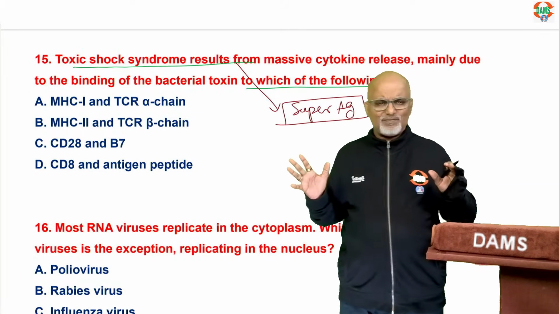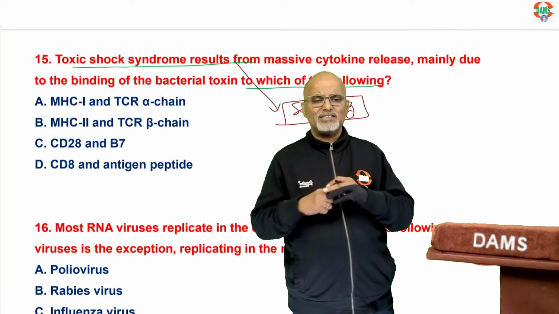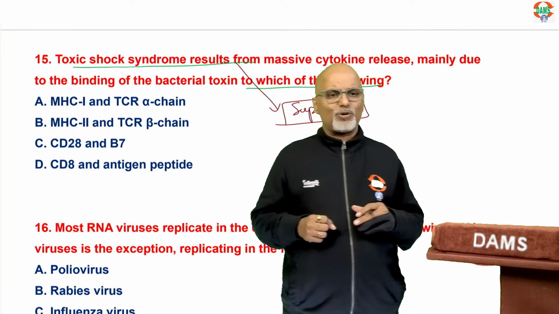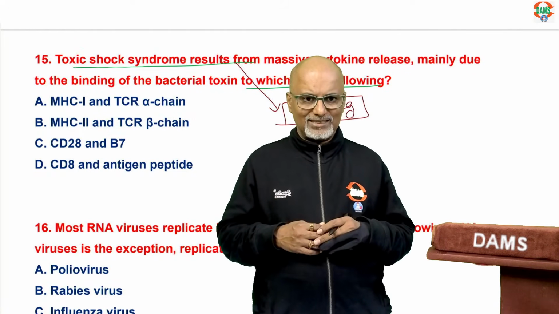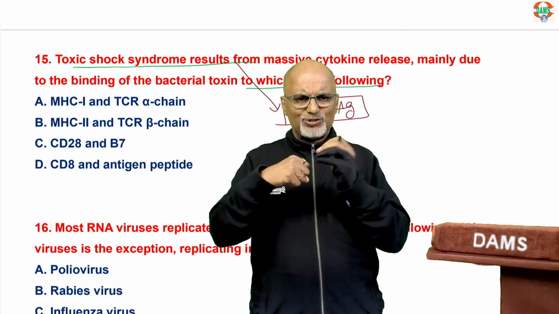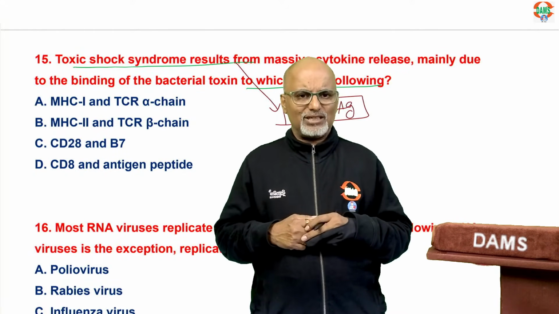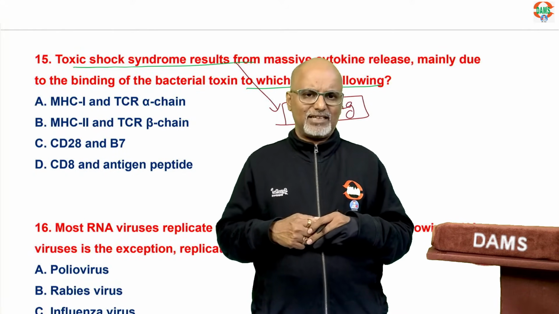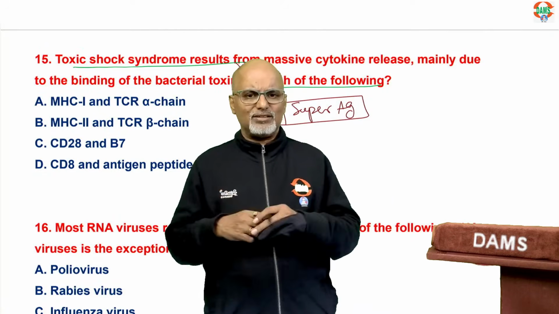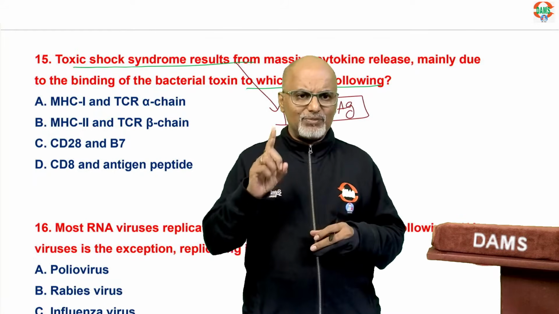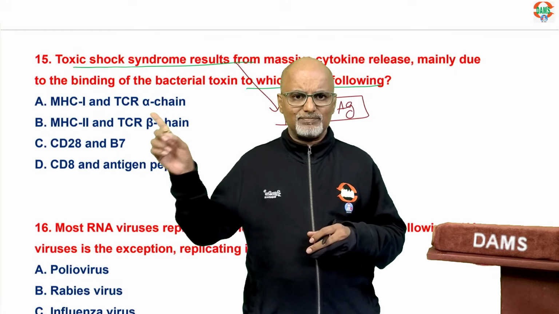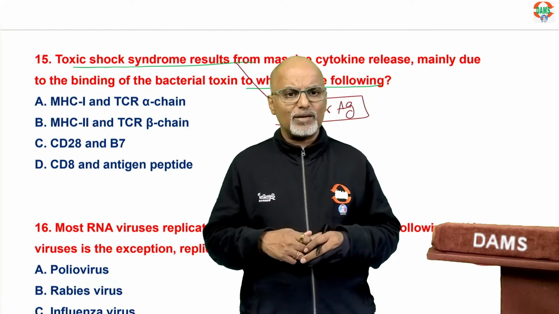It bypasses phagocytosis, antigen processing, antigen presentation, everything. It directly goes and attaches to the CD4 cell, the T cell receptor, and the MHC II, directly attaching to the variable beta side chain of the T cell receptor. That is called a superantigen.